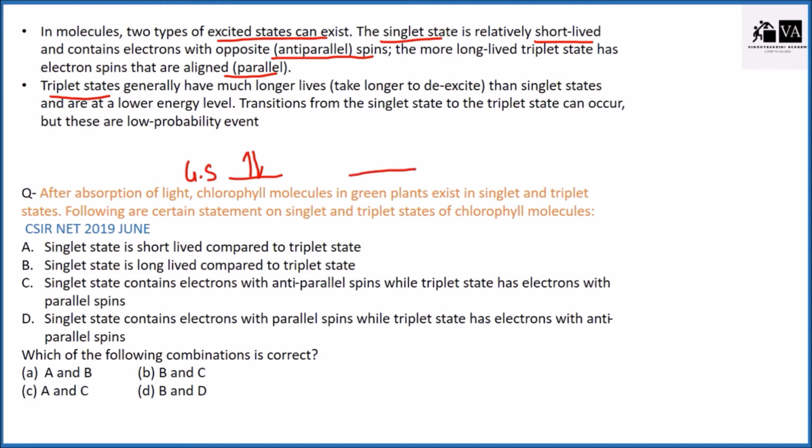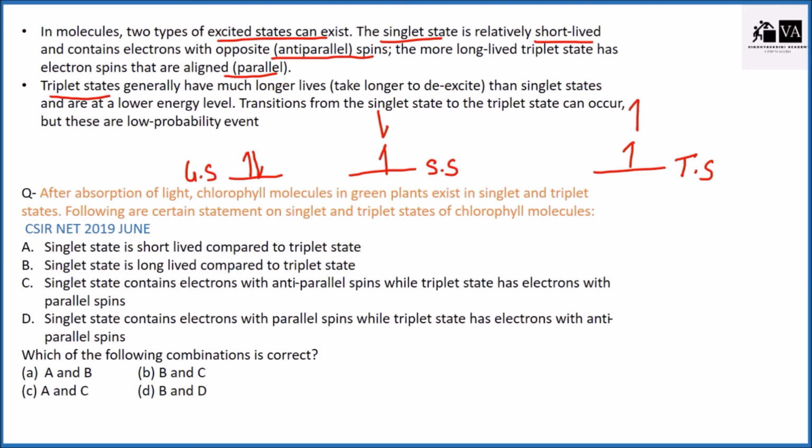When the molecule is excited and moves to its singlet state, the spin goes like this, because in the singlet state antipolar spins are found. Then when an electron moves to the triplet state, the electron spins like this, because in the triplet state polar spin is found.